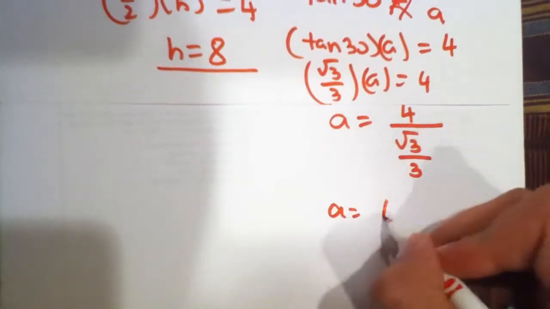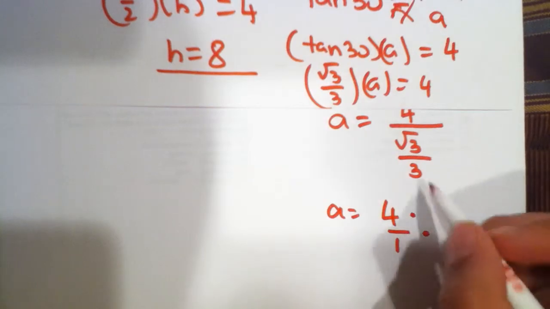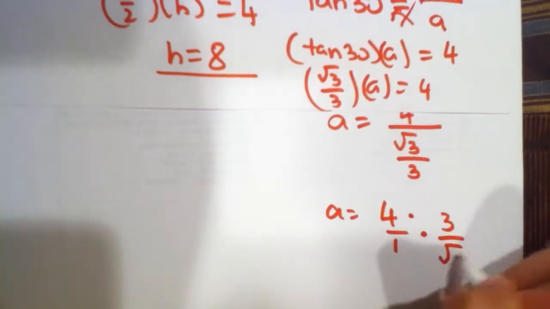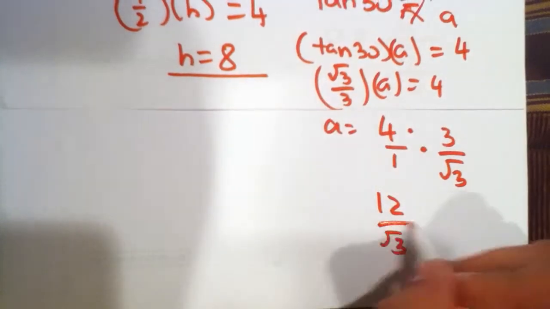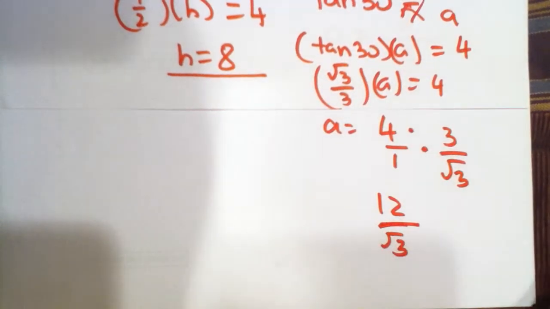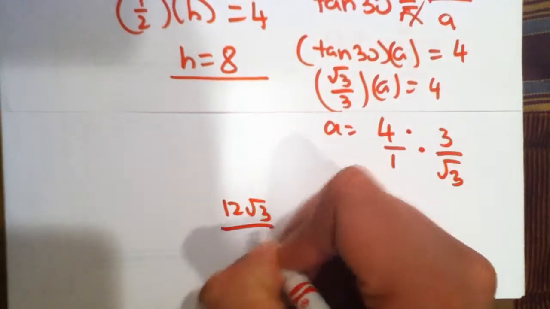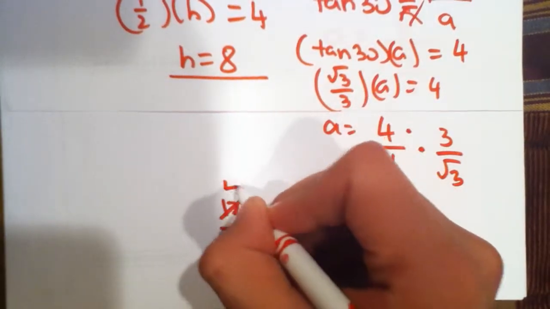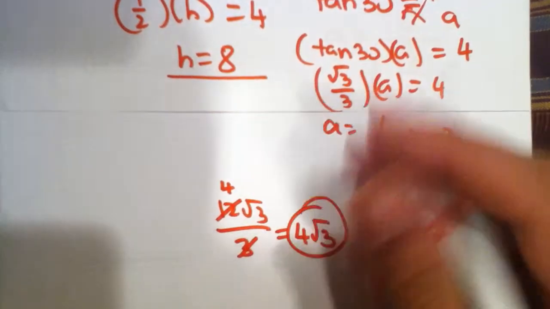It's also equal to 4 multiplied by 3 over square root of 3. So it's 12 over square root of 3. And if we want to get rid of the square root of 3 on the bottom, we can multiply by square root of 3 on top and bottom, giving us 12 square root of 3 over 3. This simplifies, and you get a 4 on the top, so your answer is 4 square root of 3 in the end.